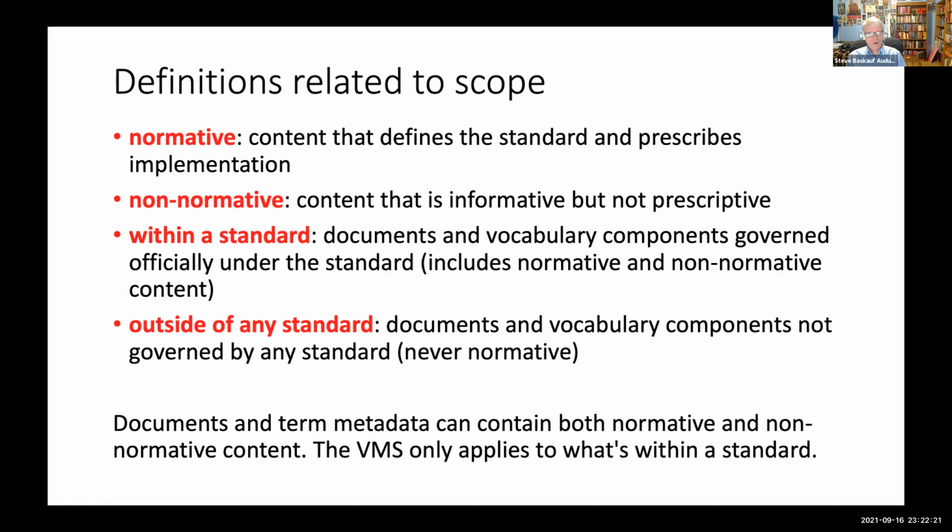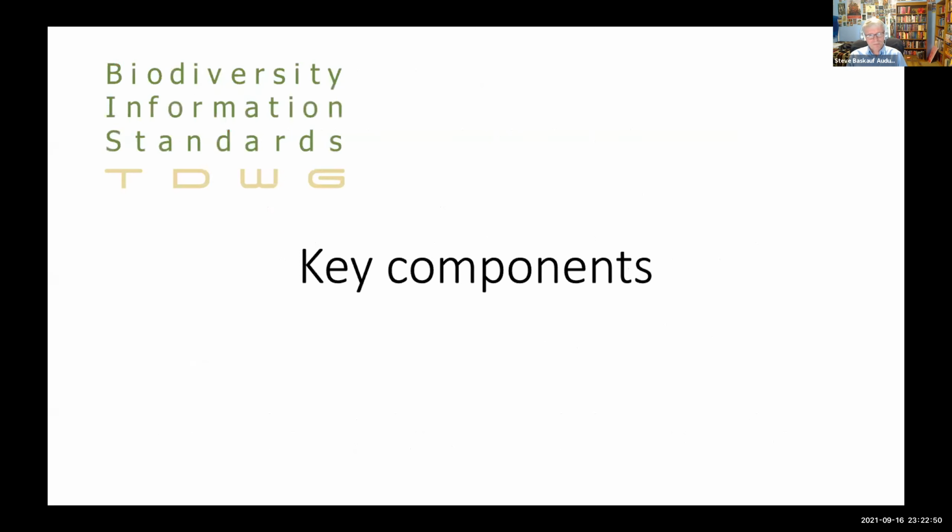So that's informative information, things like examples and so on, that help people to understand the standard, but they don't prescribe how to follow it. There are actually some documents that the maintenance groups might create that aren't actually a part of the standard, and those are not regulated by any process at all. So the vocabulary maintenance specification applies only to documents and vocabularies that are within the standard itself.